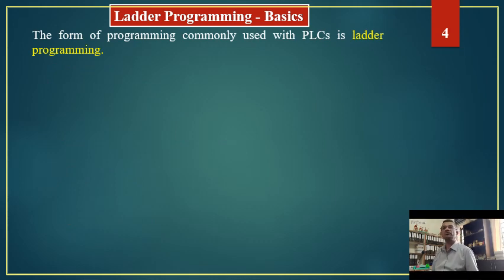First of all, coming to this ladder programming basics. In the last lecture, we have understood that programming is very essential in order to get the work done by the PLC. Now, if the inputs are coming from the sensors, what to do with that input needs to be decided by the PLC.